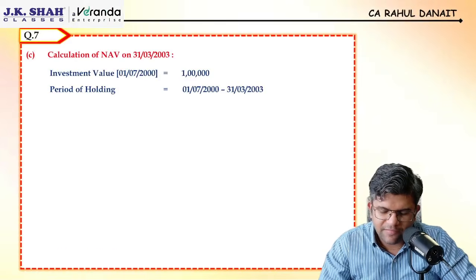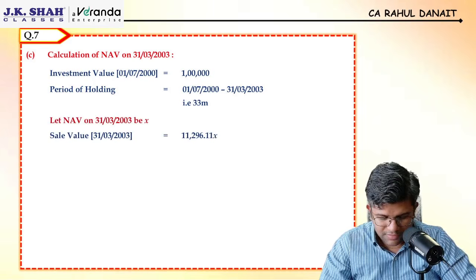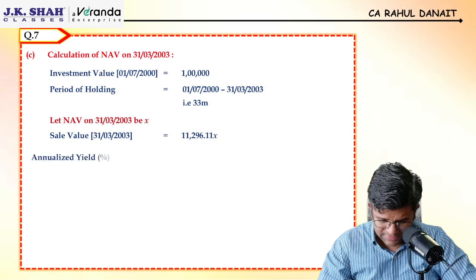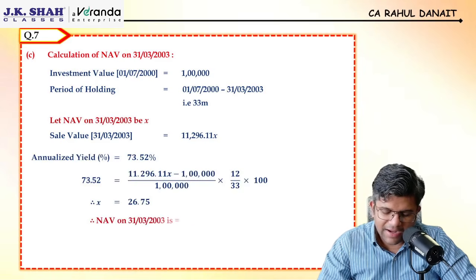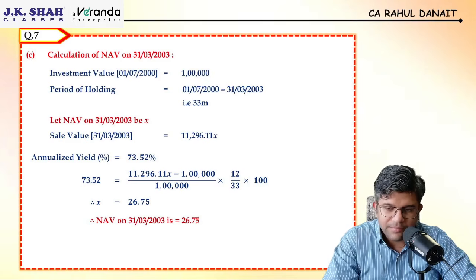Investment value 1 lakh, period of holding 33 months. Let the NAV on last day be X. So the total value of the fund will be 11,296.11X. Annualized yield given, I put it in the formula and I get X. Okay, that is the NAV on 31/3/2003. Please copy it down.